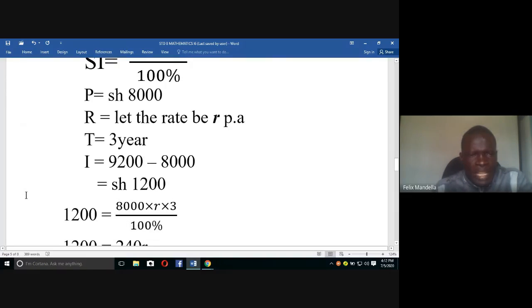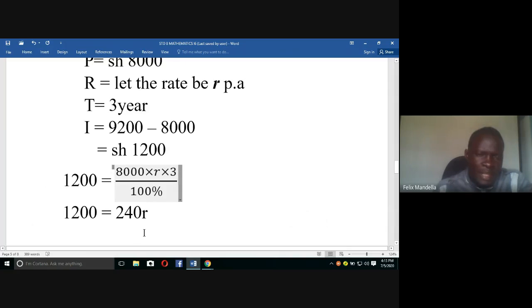So apply the formula. Principal times rate times time over 100 is equal to simple interest. Simple interest we have said is 1,200. So 1,200 is equal to 8,000, which is the principal, times R that we don't know, times 3 out of 100. And I will repeat. How did you get 1,200?